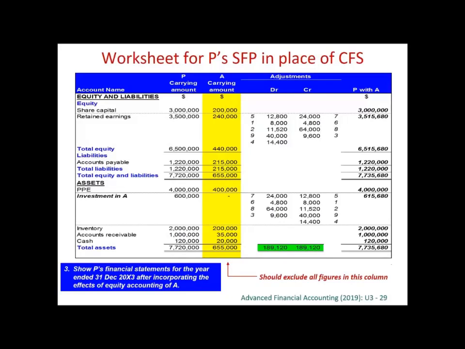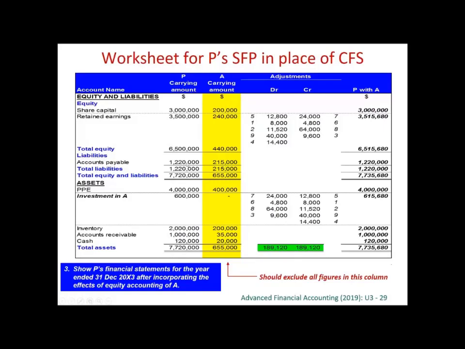Okay? So one thing I have to remind you is, actually, we don't need to insert this column for the associate. Nothing of this associate will be added together. You can see that for the share capital, we did not add this 200,000 here. It is still the 300,000. For the accounts payable, we did not add this 215,000 of the associate.